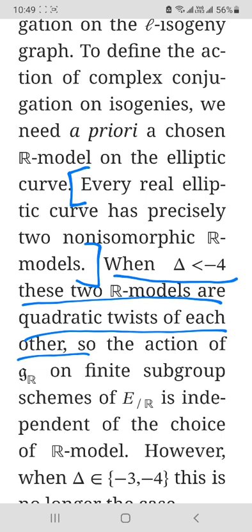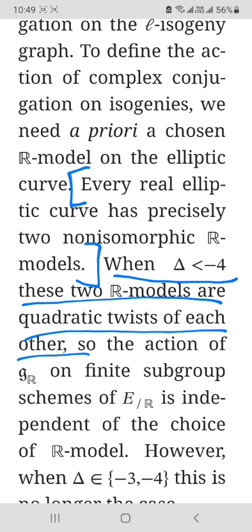So they are isomorphic over the complex numbers C, but the R models are different. There are two non-isomorphic R models, but they have the same C model. Can you understand it now? So over C they are isomorphic, but over R they are not isomorphic.